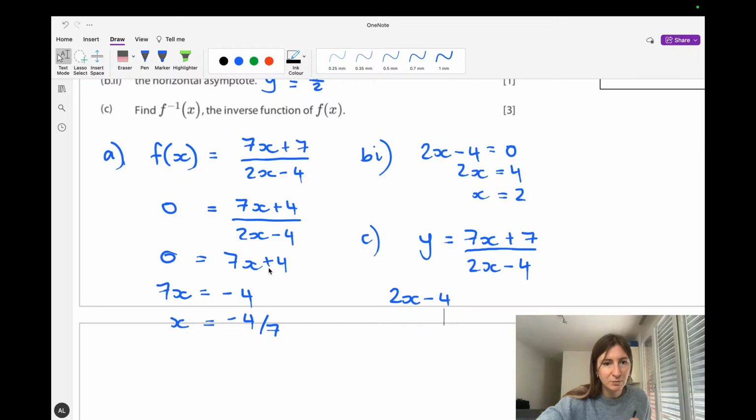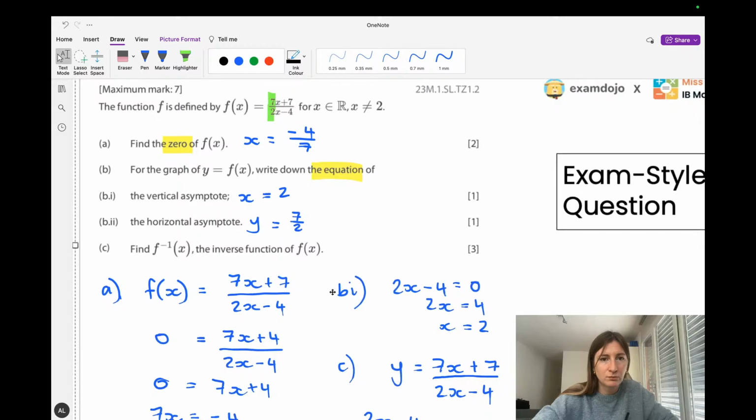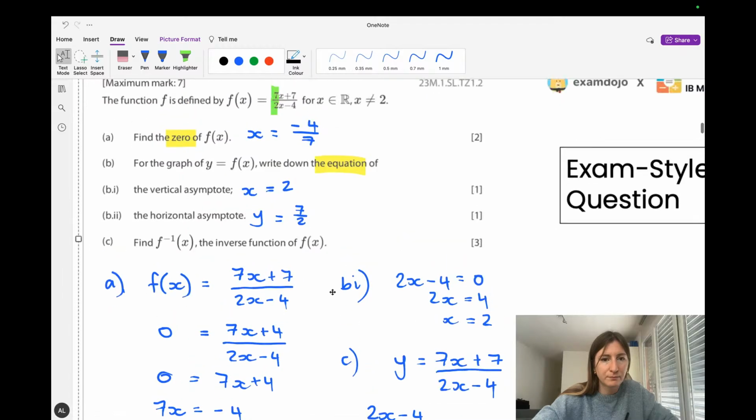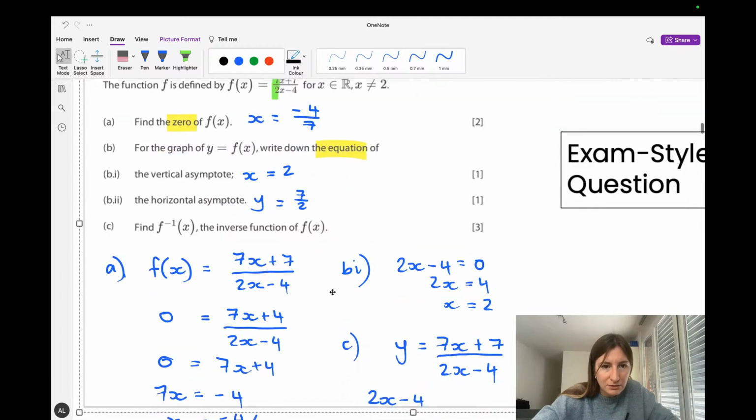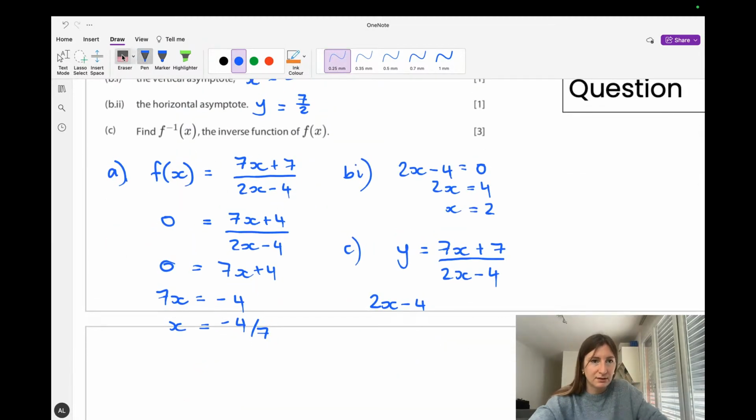So we had 7x plus 4, and then I moved plus 4 over to the other side, so it became minus 4. So then we have minus 4 over 7. Oh, I see what you mean. I did a miswrite. Yes, great catch. For some reason, I wrote plus 4 there.